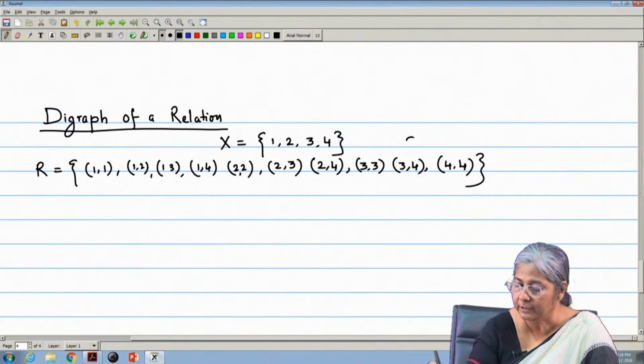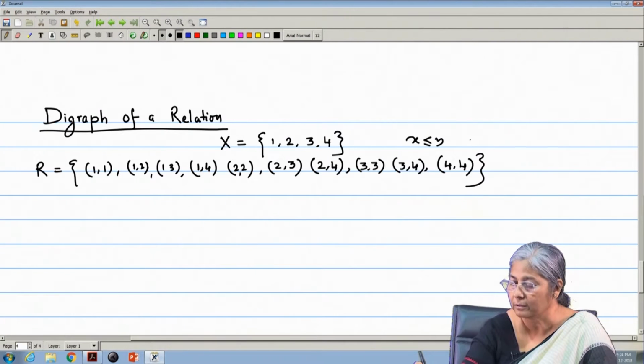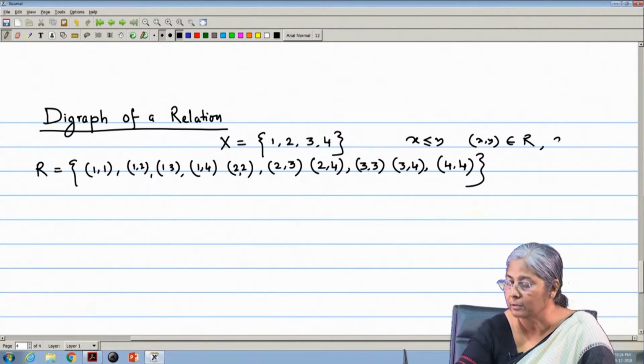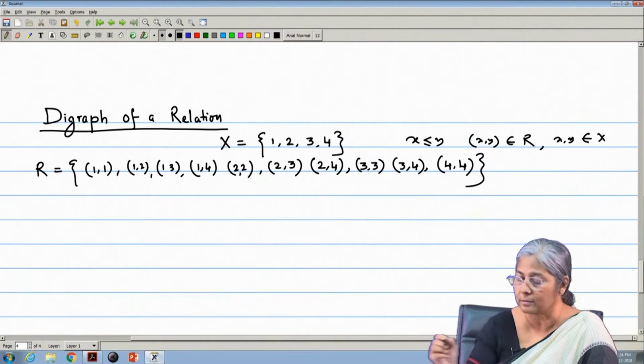And we have defined that if x is less than or equal to y, then (x,y) belongs to R, and x, y belong to X.